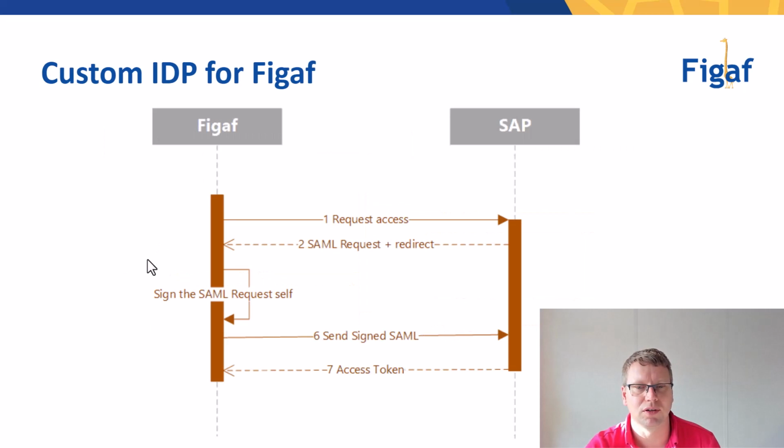So the way it works is that we are doing the same request. When we get the SAML request, we just sign it ourselves and send it to the SAP system and get our tokens and work on it in this way. This way we don't need to do any authentication on an external system, making it a lot easier for us to manage these processes.